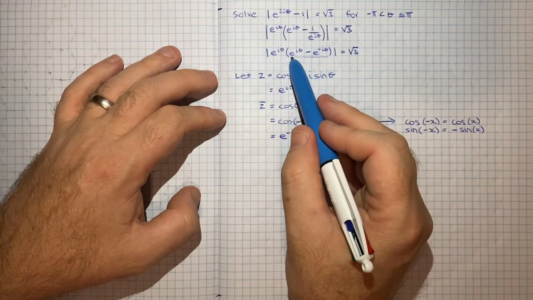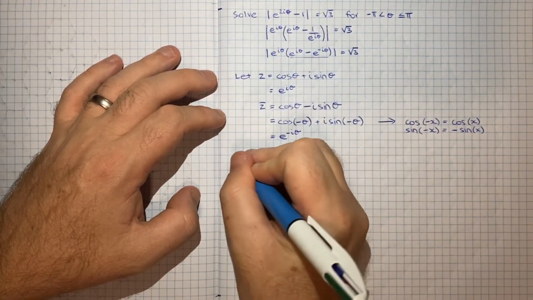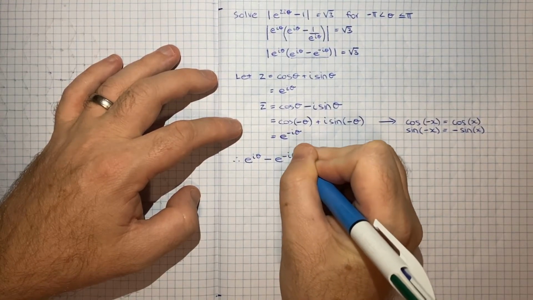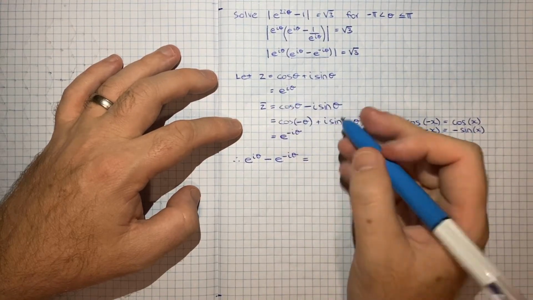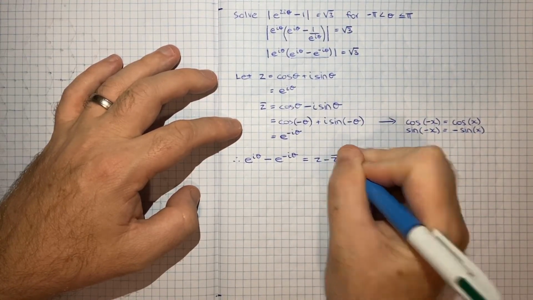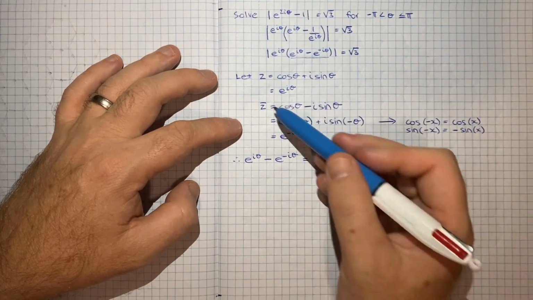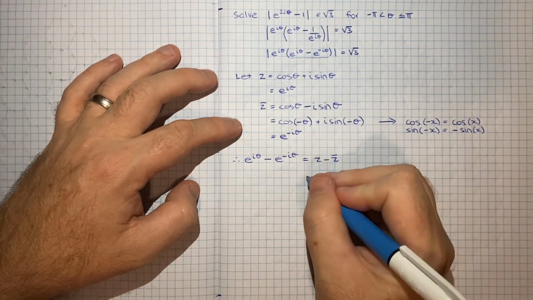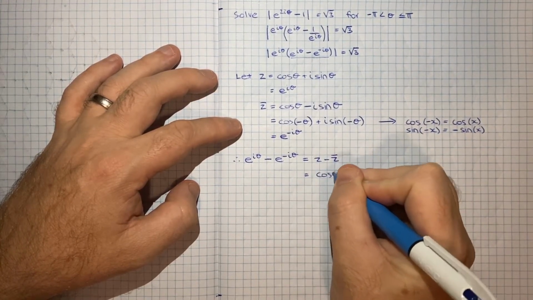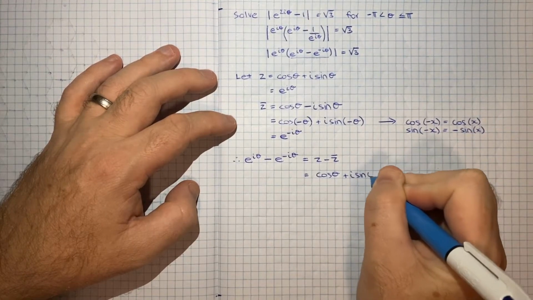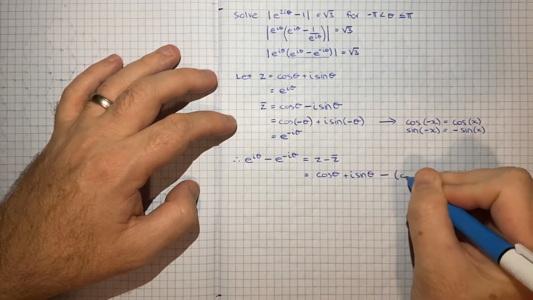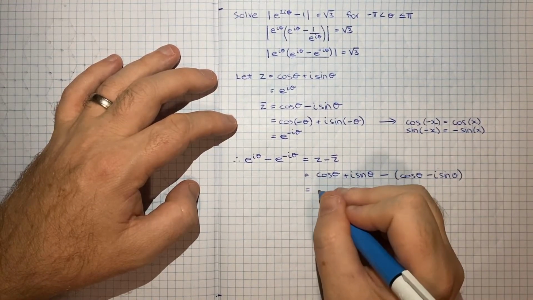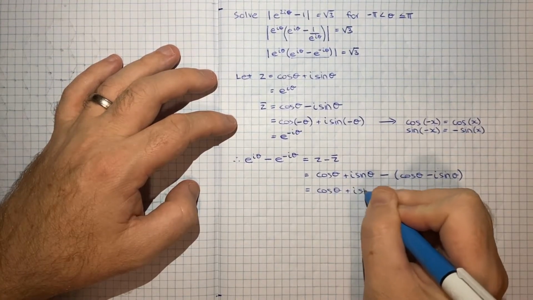Therefore we can say that e to the i theta minus e to the negative i theta is effectively z minus z bar, by this definition of z. Sticking with mod-arg form, we could write that as cos theta plus i sine theta minus cos theta plus i sine theta.